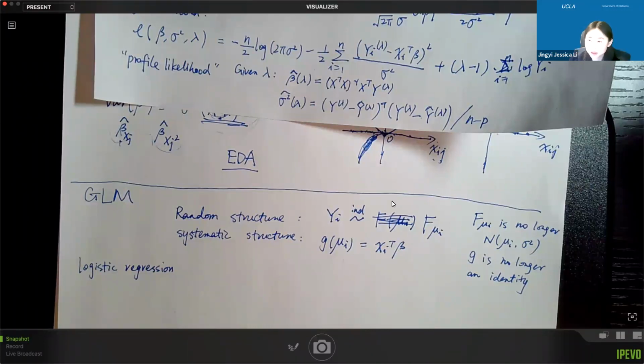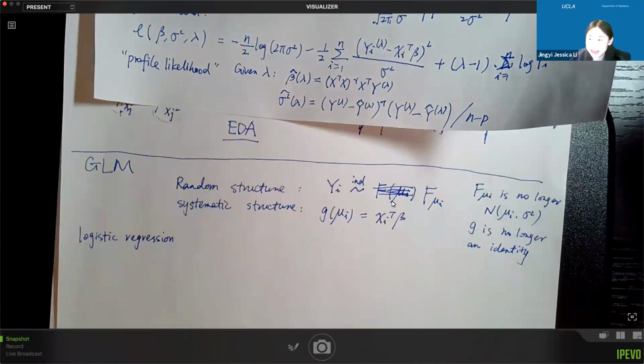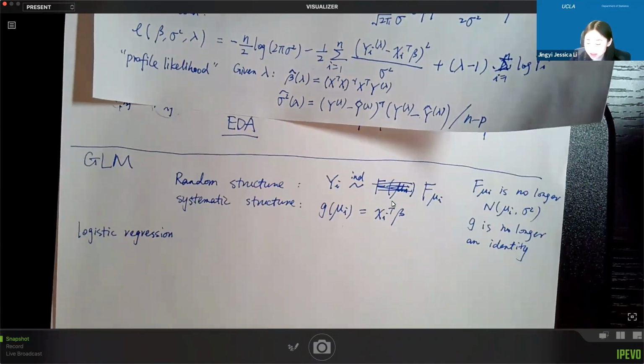We can talk about the parameters beta j to say whether a predictor has an effect on my response or not. We can also use it for prediction as a classification task. Sometimes logistic regression works very well for binary classification, and it also has a very natural version for multi-class classification. That's why logistic regression serves the purpose of both prediction and inference.